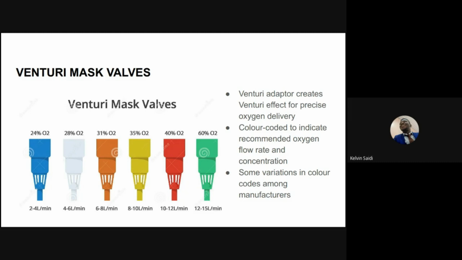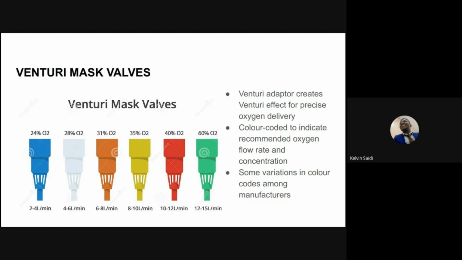So as you can see in the graphics, various colors of the adapters also refer to various concentrations and flow rates. So the use of this color coding is a helpful visual aid for the healthcare professionals to easily identify the appropriate Venturi device to use for a specific patient's oxygen needs.